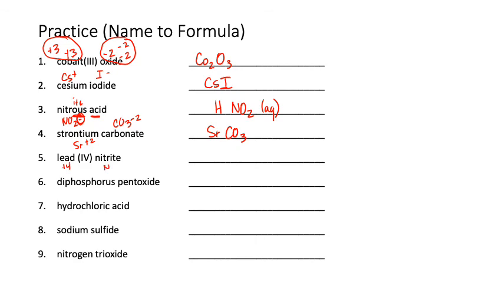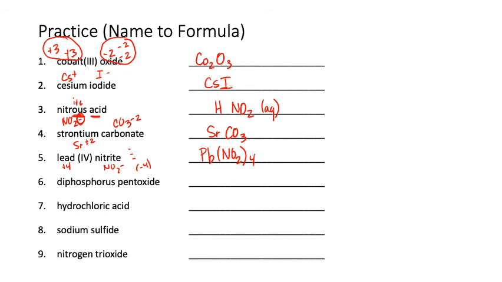Nitrite, that's NO2 -1. So in order to balance these out, I'm going to need 3 more nitrites for a total of 4. So we have a -4 on this side. So this is going to be lead, Pb. I have to put this polyatomic in parentheses, and then we're going to have the number 4.